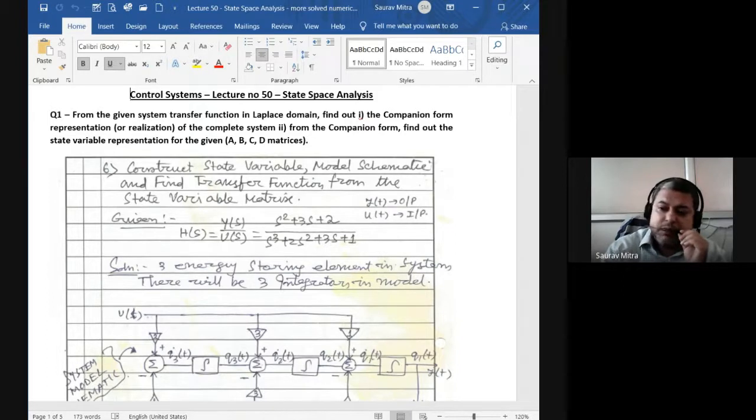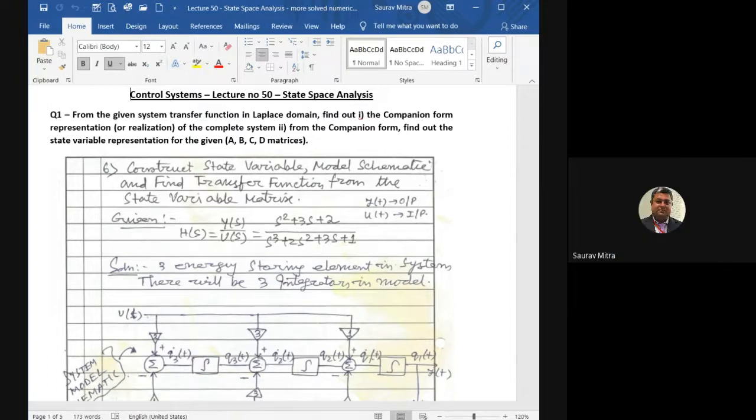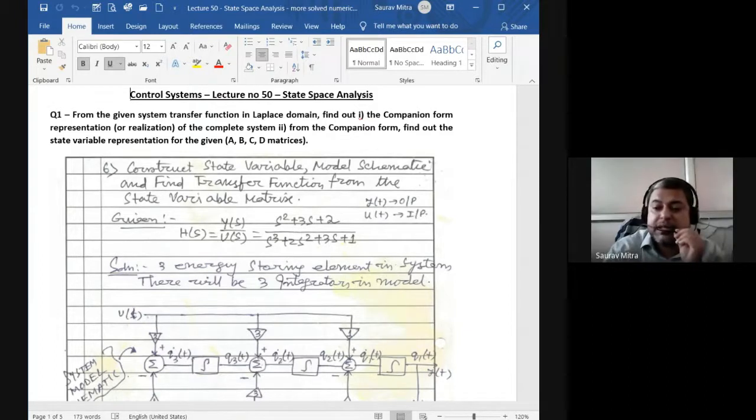It is also possible to find the ABCD matrix directly from the transfer function. But if you are finding the companion form, which is also called realization, that means system realization from the given system equation, realization helps us find the ABCD matrix. Finding the ABCD matrix is nothing but the state variable representation of the system.